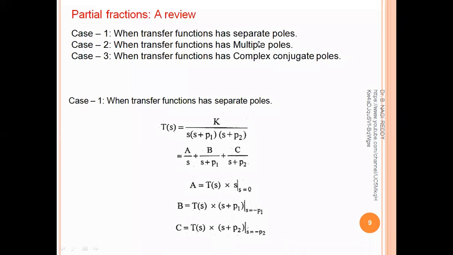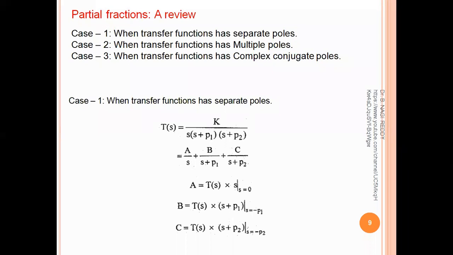So the first case is when the transfer function has separate poles. So poles are different. That is the first case. And the second case is multiple poles. That means the poles are same. And the third case is complex conjugate poles. You know what is complex conjugate, right?